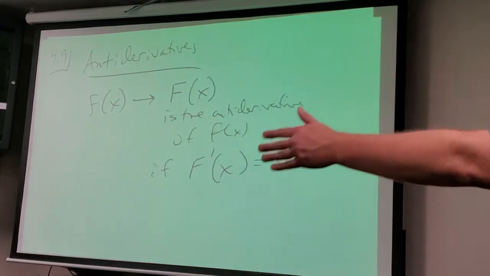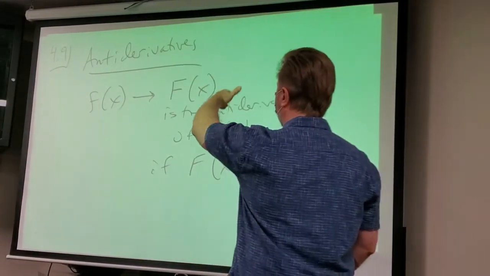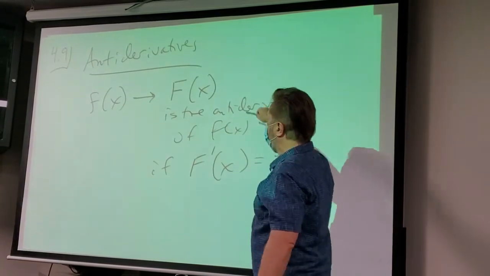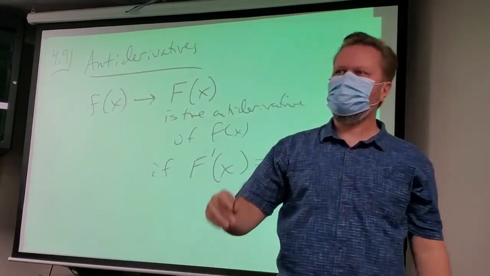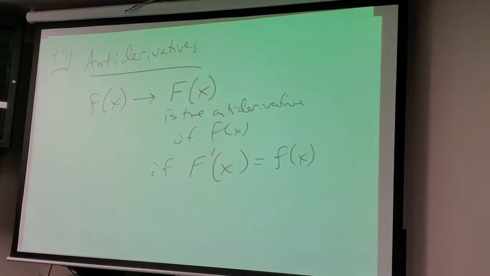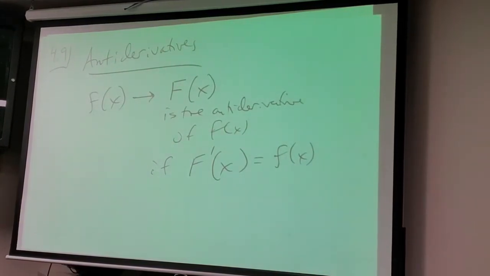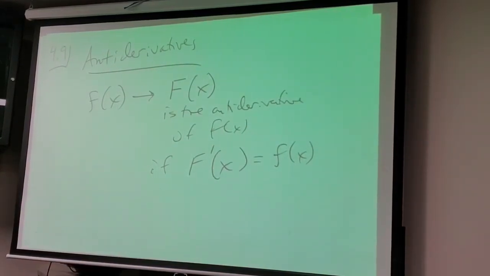So given a function, can you figure out a function it would have been the derivative of, right? And we've sort of done a couple of these. And the more derivative rules you know, the more you can figure out antiderivatives, because it's just going backwards.